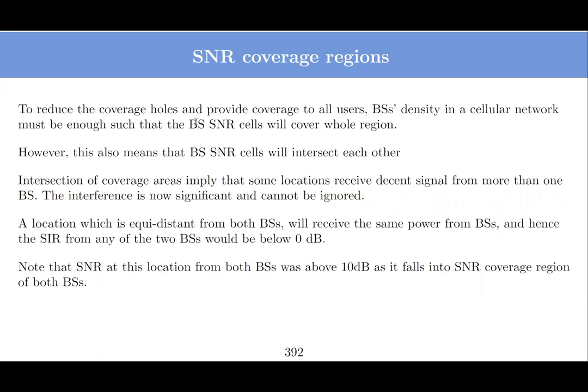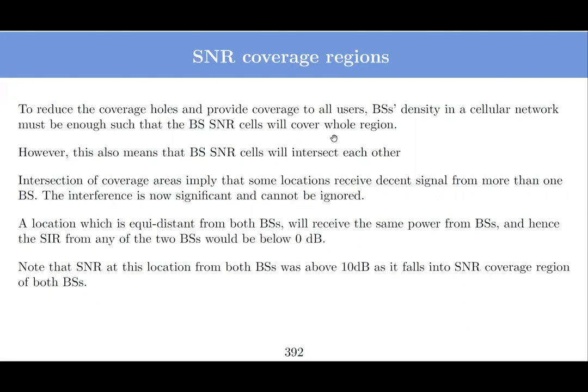When you increase the transmit power, the coverage region will increase, or you can have more base stations to cover more regions. So to reduce the coverage holes and provide coverage to all users, base station density in a cellular network must be enough such that the base station SNR regions will cover the whole region.